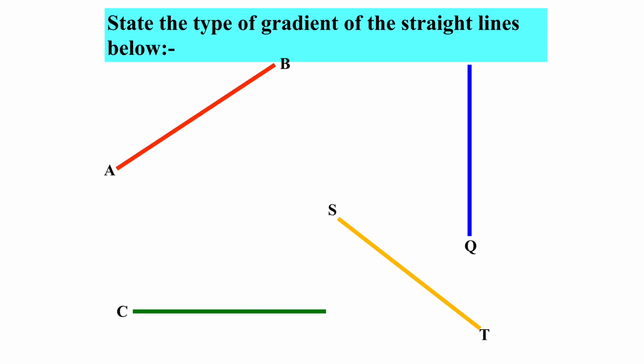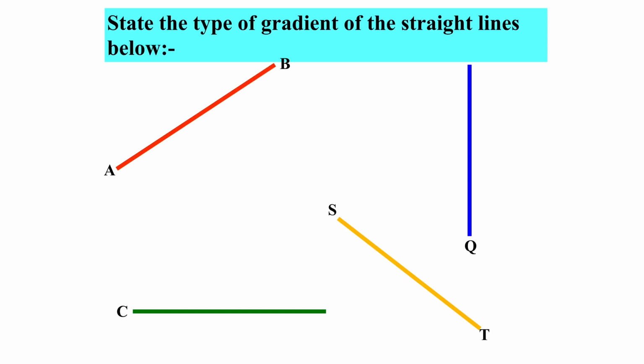Now let's observe the lines and state the type of gradient of the straight lines below. So we have red line AB. What type of gradient? Is it positive? Right? It's a positive gradient because the line is slanted to the right. And then for blue line PQ, the gradient is undefined gradient, right?